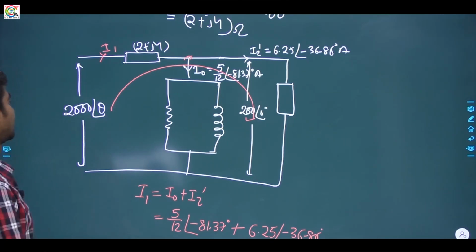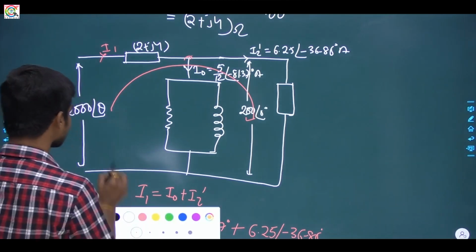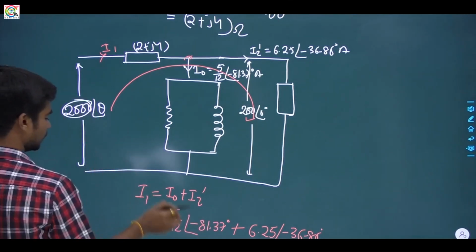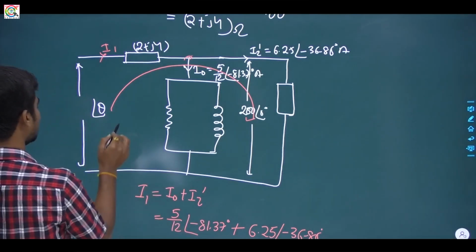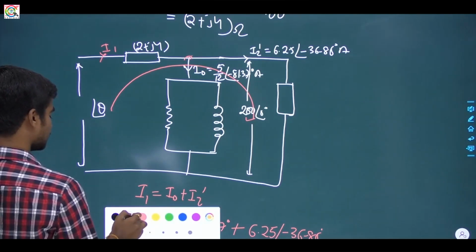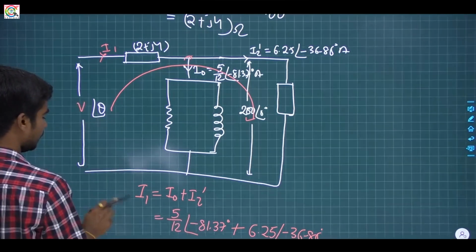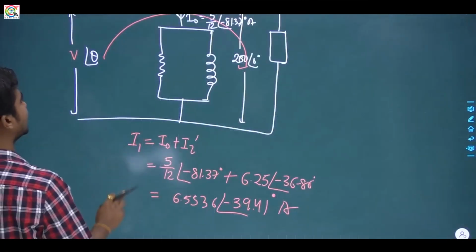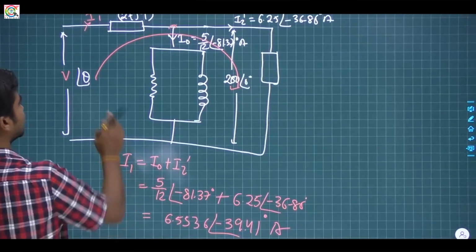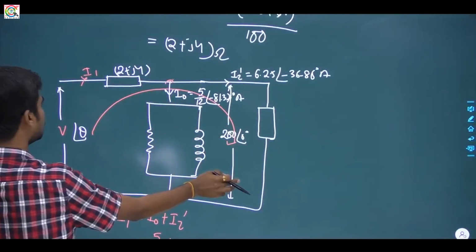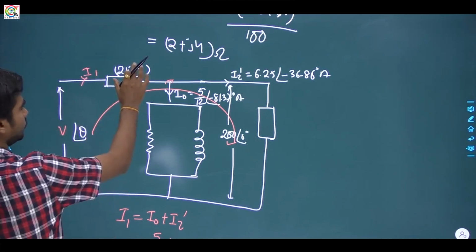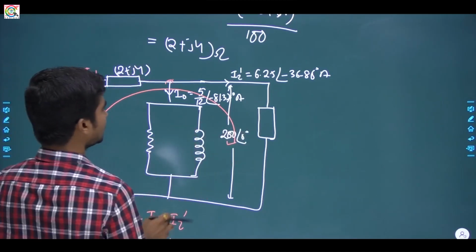No, first of all, another wrong thing I have done. This voltage also I don't know. Okay. So apply KVL in this loop. So I1 you know, and this voltage you know.